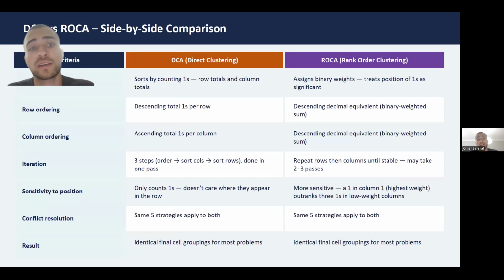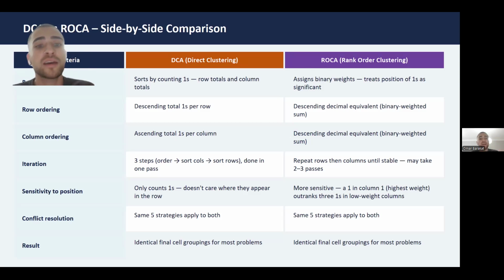Using the same 6 by 5 matrix, columns are assigned weights from right to left. For each part row, we sum the weights of the columns that contain a 1. Part 1 has 1s in M1 and M3. Part 2 has only a 1 in M1. Part 3 has 3 ones in M3, M4, and M5.